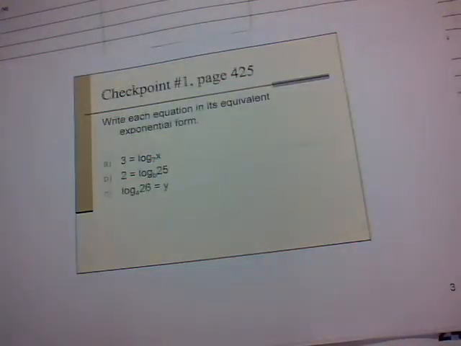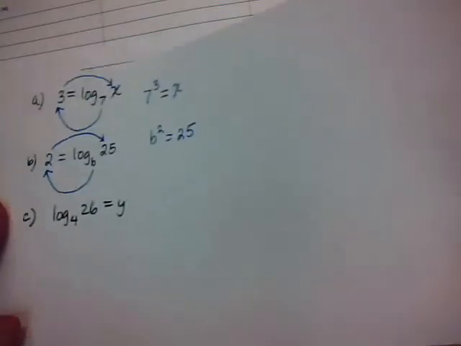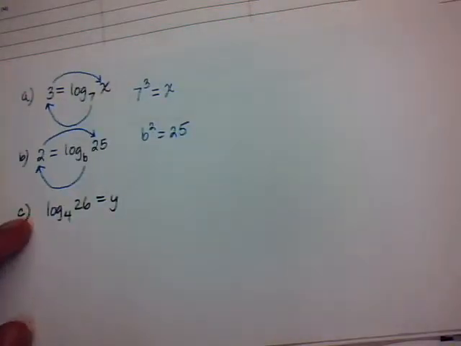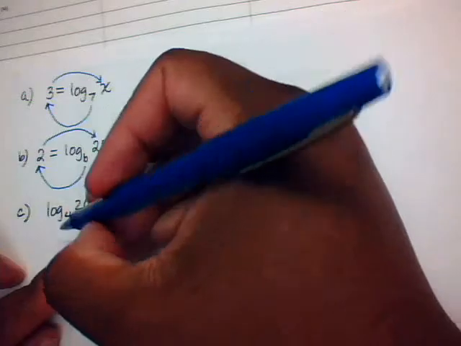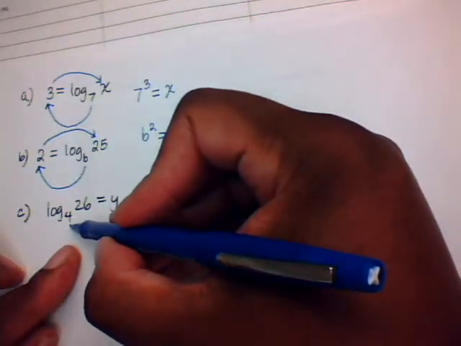And finally, part C, we have log to the base 4 of 26 equals y. Now, it's written a little bit differently from parts A and B, but it's still done the same way. Here the base is 4. That's the subscript for the log.